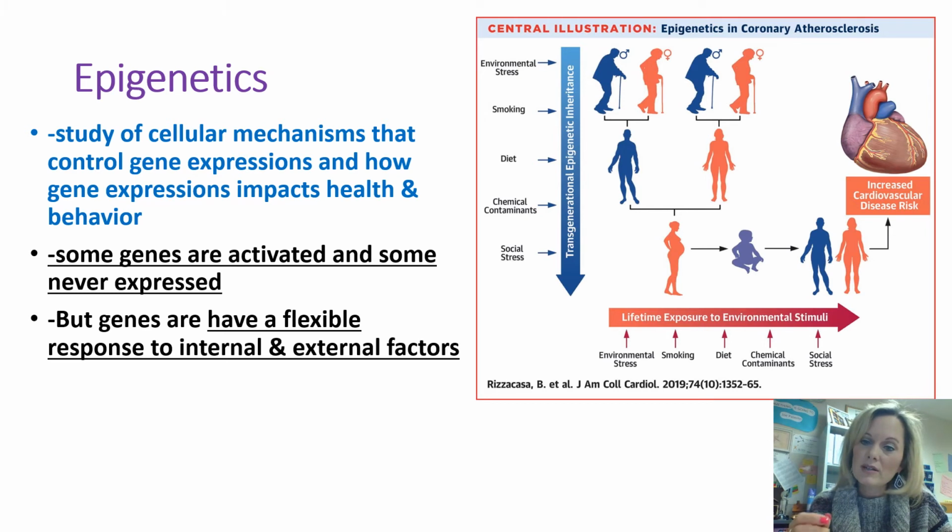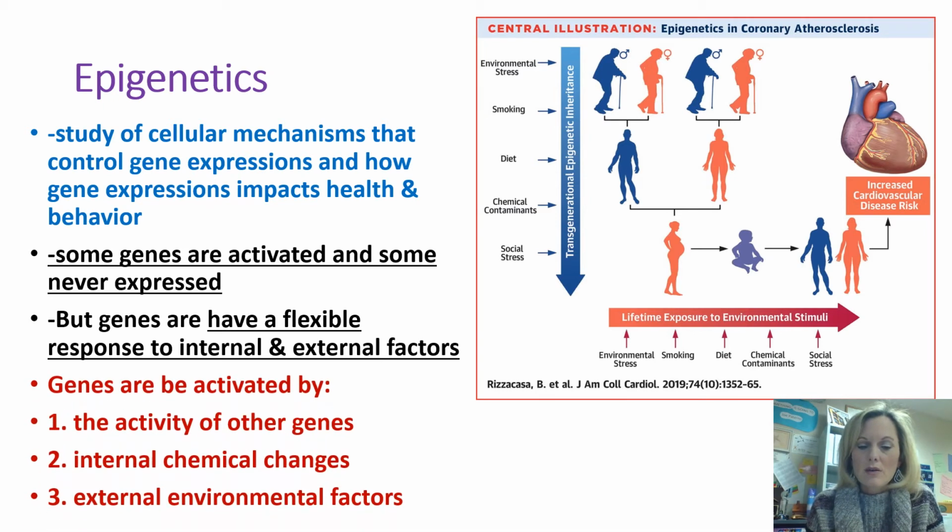So you may have a gene on one of your chromosomes that is there and it's dominant, but it's possibility of being dominant, and it can change and it can mutate and never be expressed, but then all of a sudden be expressed depending on internal and external factors. So internally, the way that genes work is the activity of other genes, cells and stuff talk to each other. There can be some internal chemical changes that can also then make a gene be more expressed. And then, of course, we have the environmental factors and so forth.